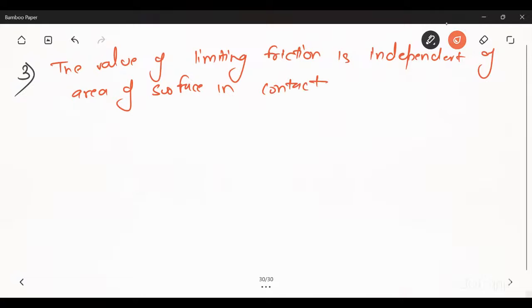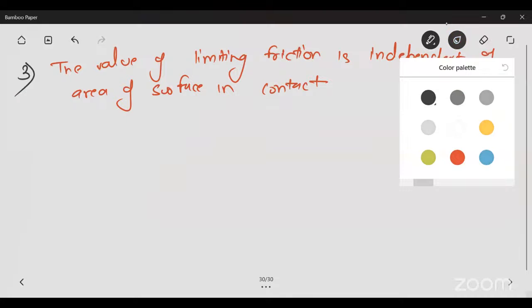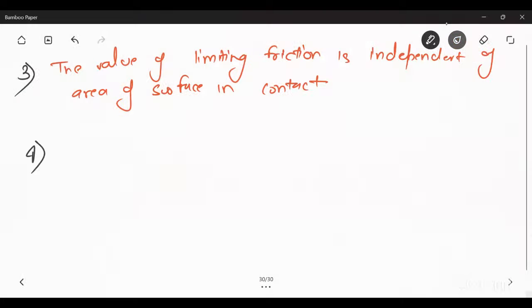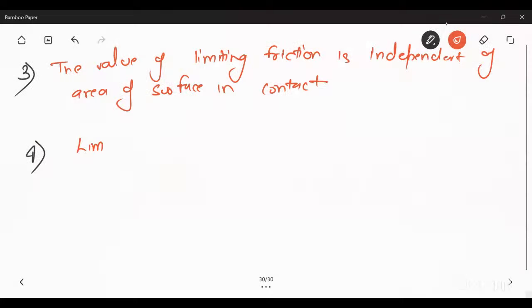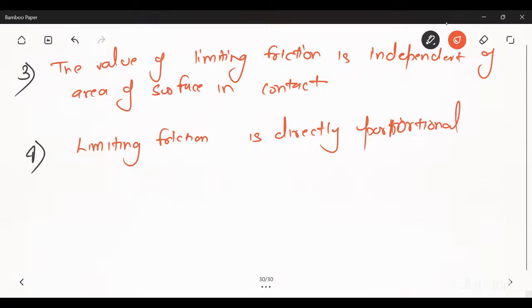And the last one is that limiting friction is directly proportional to the normal reaction R.